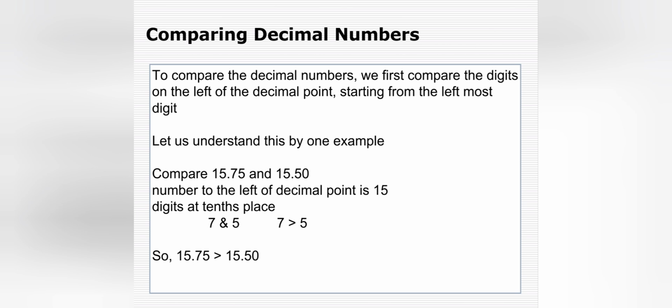Now moving to the next point, comparing decimal numbers. To compare decimal numbers, we first compare the digits on the left of the decimal point, starting from the leftmost digit. Now let us understand this by one example.